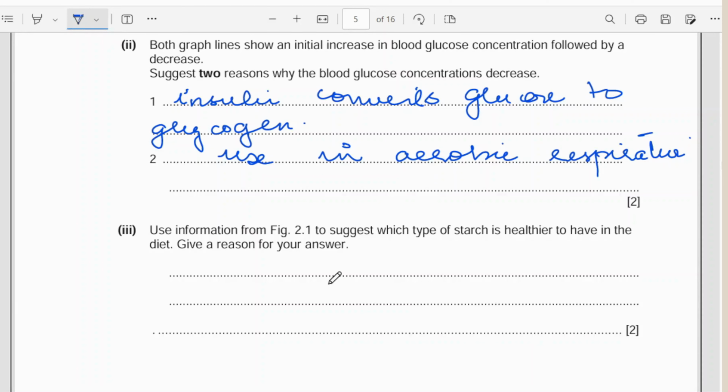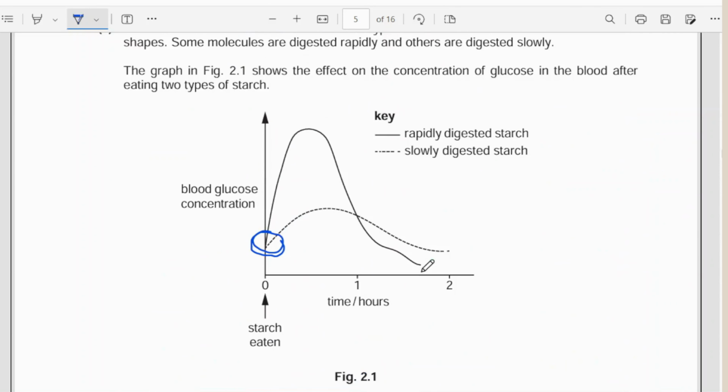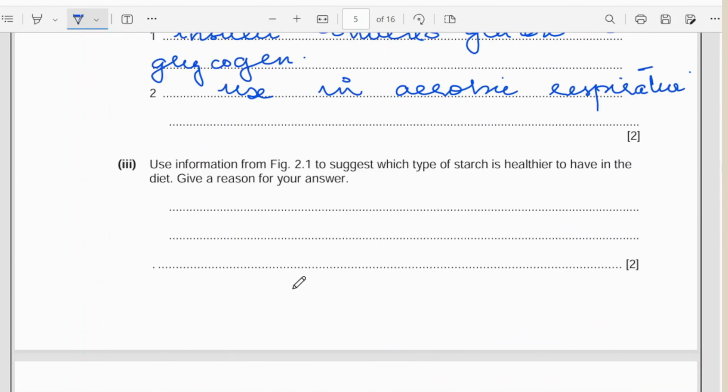Next one is: use information from 2.1 to suggest which type of starch is healthier. Here's your graph. Which one is healthier? Okay, and why do you think so? Good. Yes. Is it two marks? I guess yes, it's two marks.